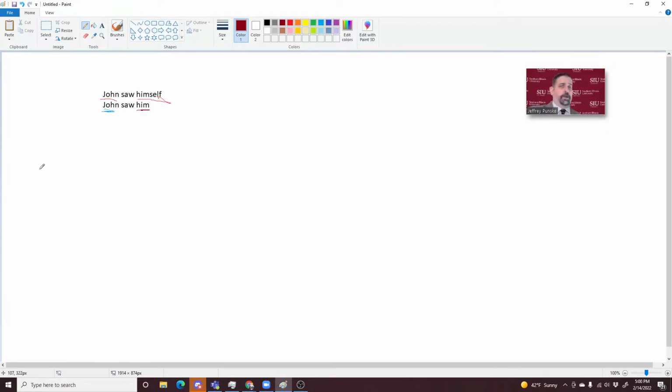And this is obligatory. Now, we can represent this in our sentences and in our trees with a little symbol. Can't really do it in Paint very easily, but we're going to use these little subscripts. Those are subscript J's next to John. These are what we're going to refer to as our co-indexations. These are our ways of tagging that these refer to the same individual.